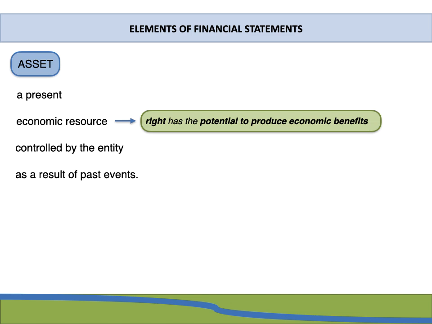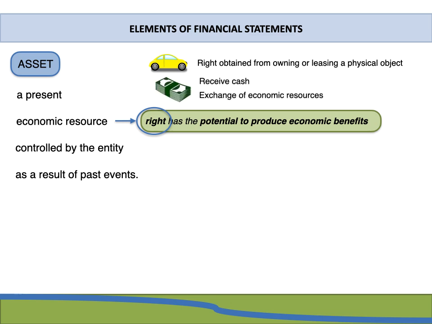And what is meant by right? The conceptual framework has a number of examples illustrating what constitutes a right, but we're going to only address 3 of these. Namely, the first one is a right that is obtained from owning or leasing a physical object, the right to receive cash, and the right to exchange economic resources.